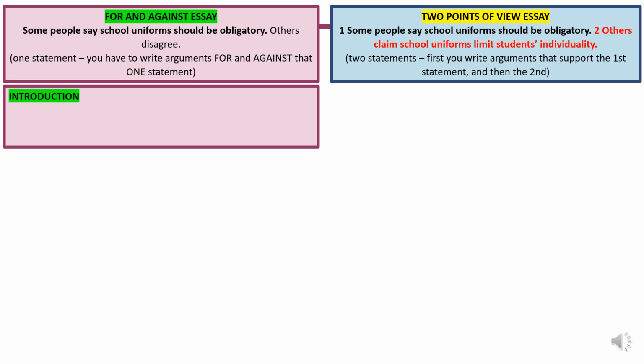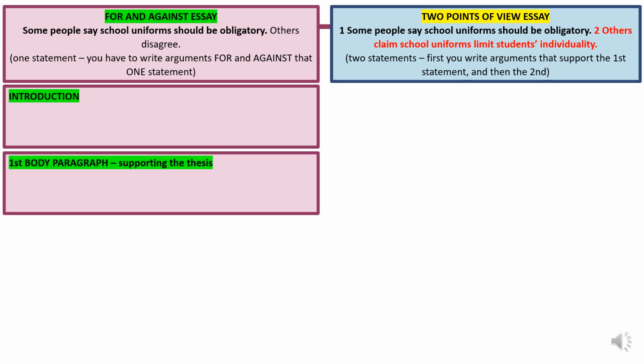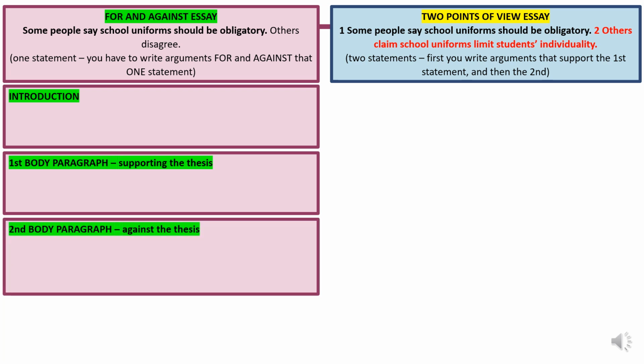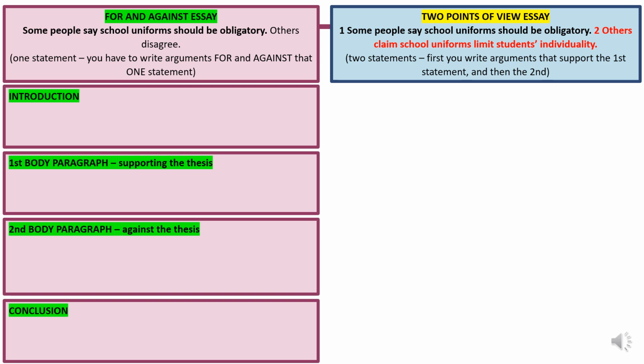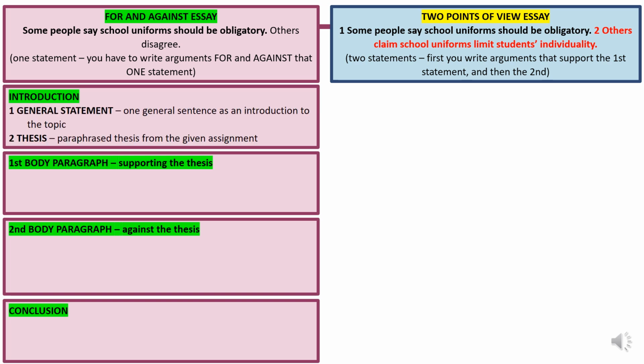You need 4 paragraphs. Introduction, first body paragraph in which you are going to write the arguments for, second body paragraph in which you are going to write the arguments against, and conclusion. So you need 4 paragraphs. In the introduction, you need to have these 2 parts.